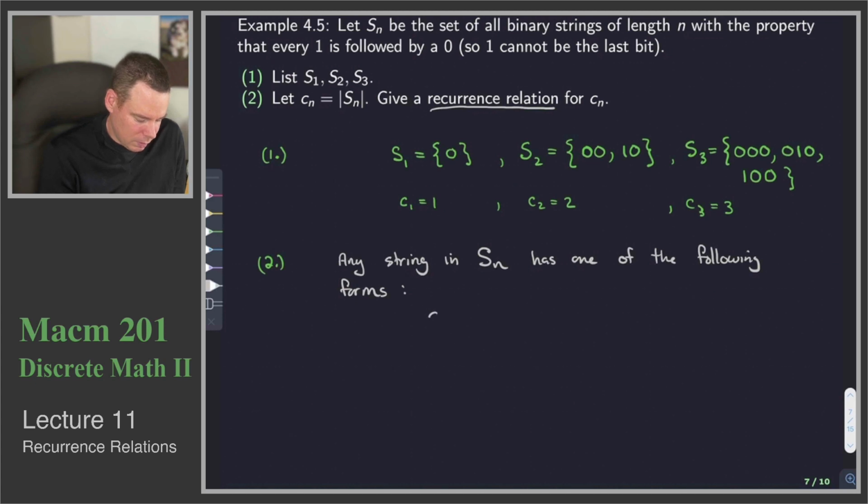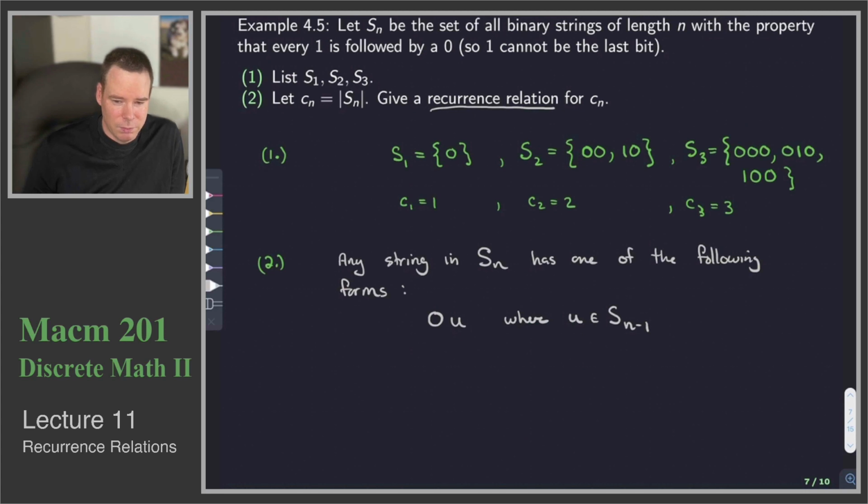Well, it could start with a 0. If it started with a 0, then after that, we would get a string of length n minus 1, and that string of length n minus 1 still has to satisfy the property that every 1 is followed by a 0. So this u represents a string in S sub n minus 1. So that's what our string in S sub n has to look like if it's going to start with a 0.